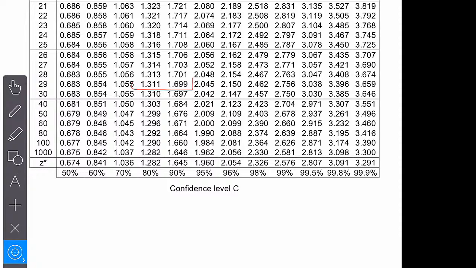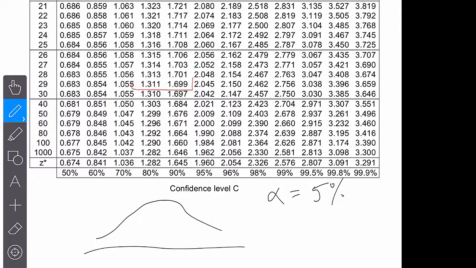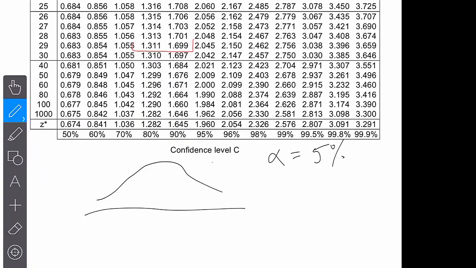In this problem, we did a test with 5%. If alpha is 5%, that means you're testing against 5% total in the tail, so 5% error, in other words.